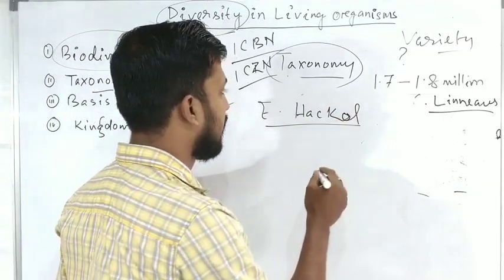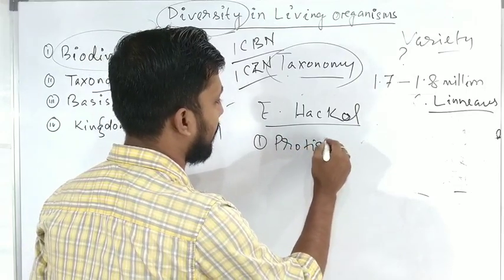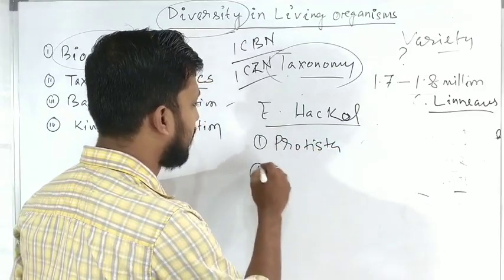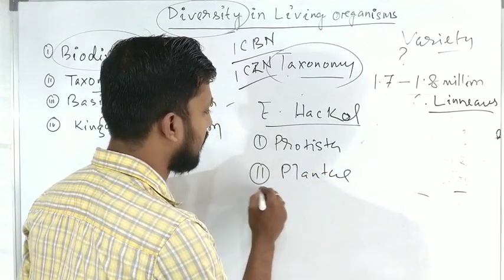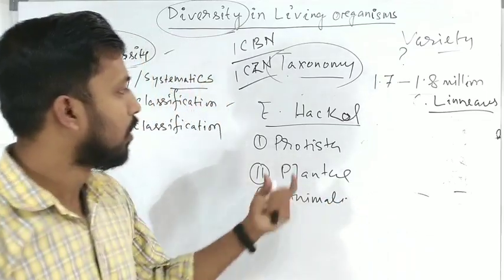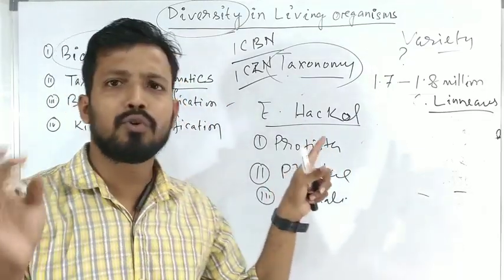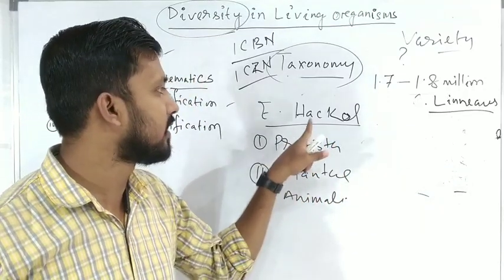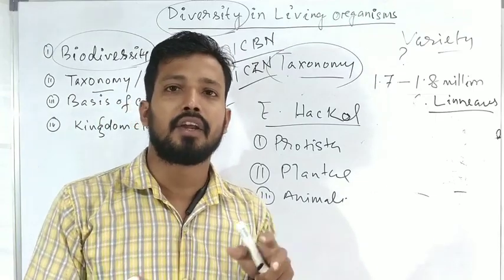He included another new kingdom, that is kingdom Protista, and Plantae, and the third one is Animalia. So there will be a question: who proposed kingdom Protista, or who first introduced kingdom Protista? That is Ernst Haeckel, who first proposed kingdom Protista, in which he placed unicellular organisms.